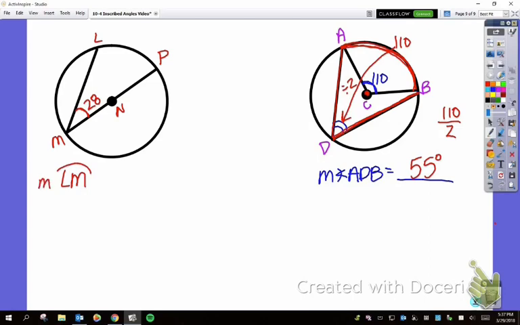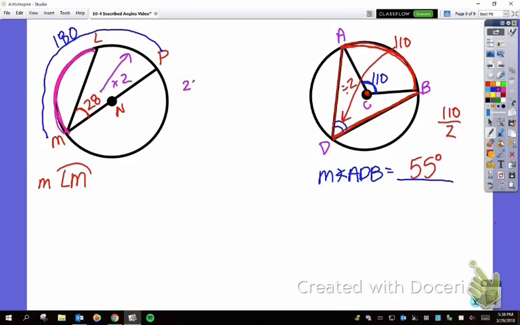The measure of arc LM is right here, and we don't have any angles going to that right now. But we do know that N is the center, so we know that this whole arc, M L to P, is 180 degrees. So if we use that 28, we can find the arc LP by multiplying by 2.